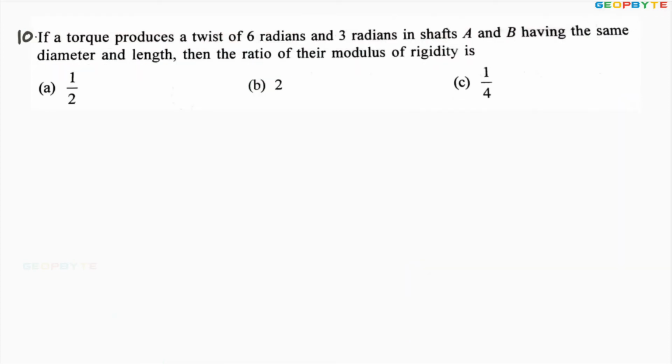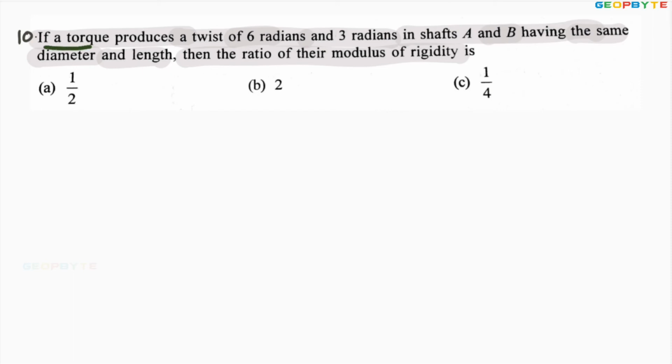Look at the 10th problem. If a torque produces a twist of 6 radians and 3 radians in shaft A and shaft B having the same diameter and length, then find the ratio of their modulus of rigidity. Since he is asking the ratio between the two shafts' modulus of rigidity, the two shafts are not made of the same material.